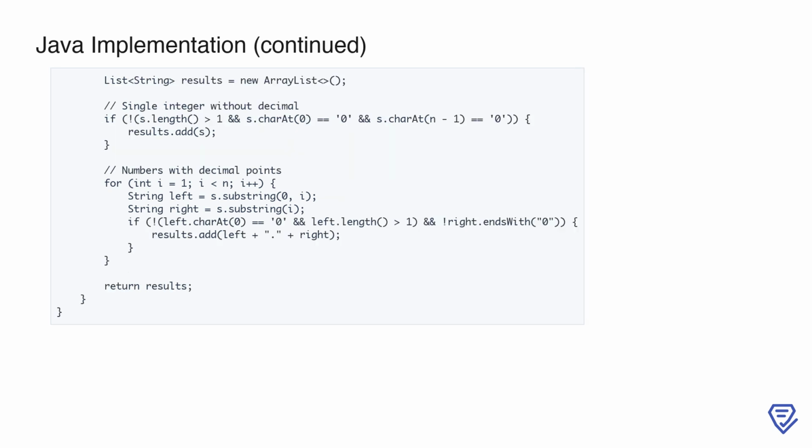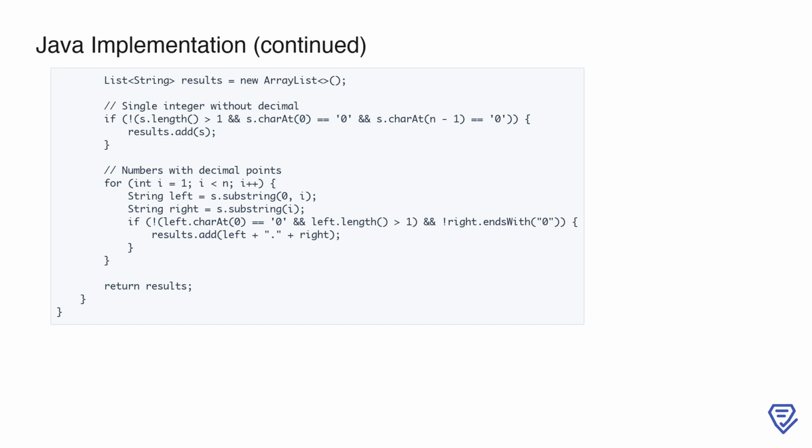The helper method generatePossibleNumbers is designed to generate all valid representations of a number, including those with and without decimal points. First, we initialize a list results to store the generated numbers. We then handle the case for single integers without decimals. Here, we check if the string does not have leading or trailing zeros, unless it's a single character 0. If the condition is met, the number is added to the results list.